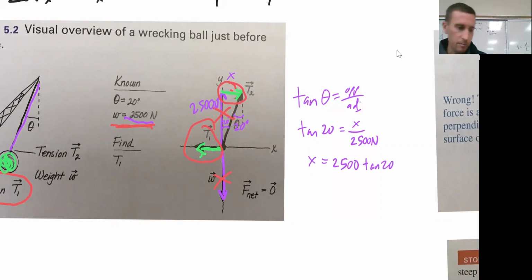Now all I have to do is plug that into my calculator. 2,500 tangent of 20 gives me an error because I forgot to multiply.